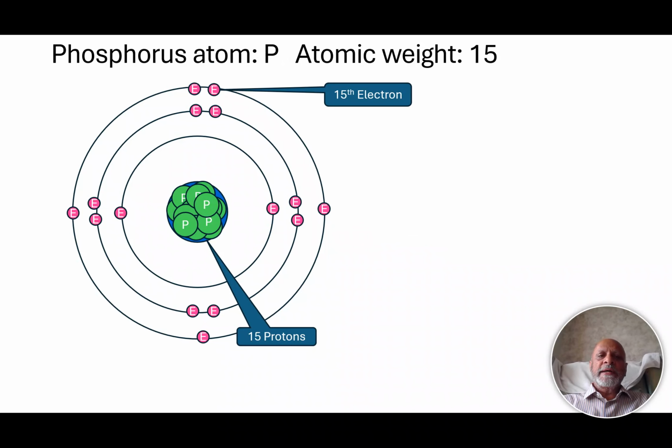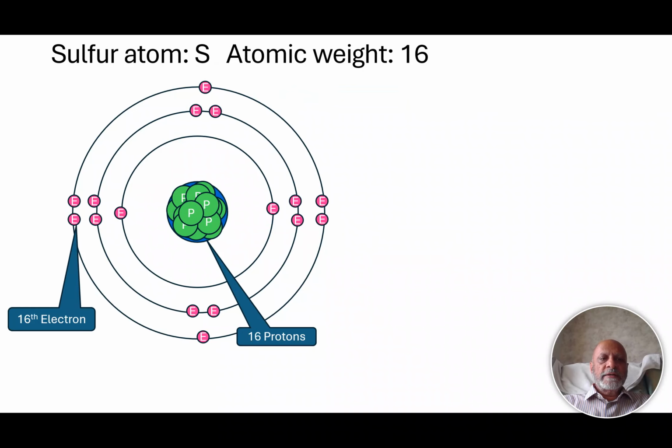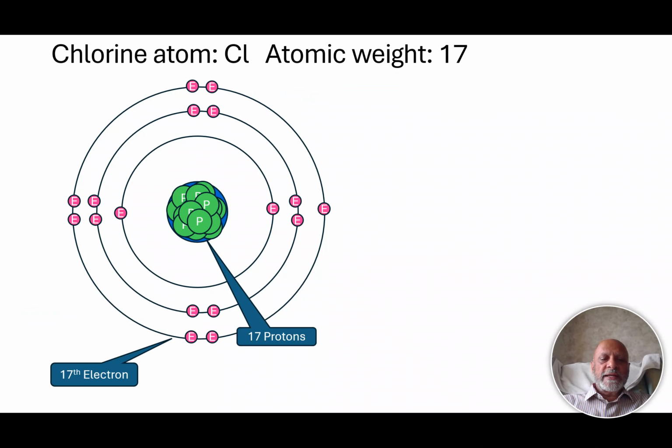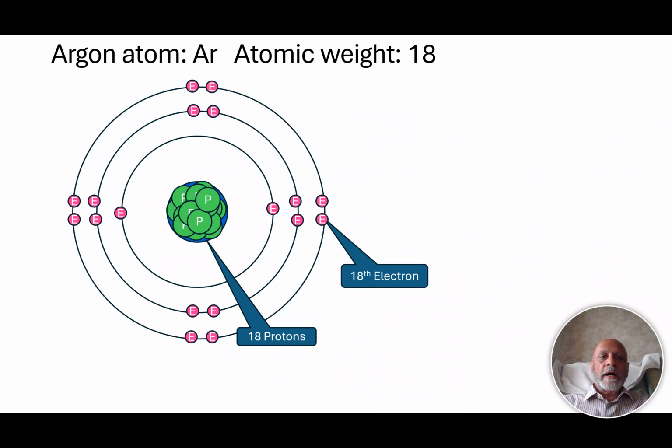Phosphorus now attaches its electron, which is the 15th electron, because its atomic weight is 15. Sulfur attaches a 16th electron. Chlorine attaches a 17th electron. And argon attaches the 18th electron.